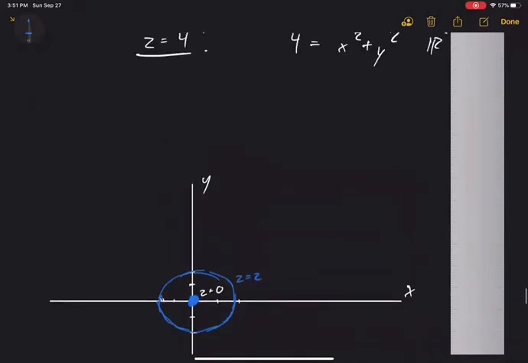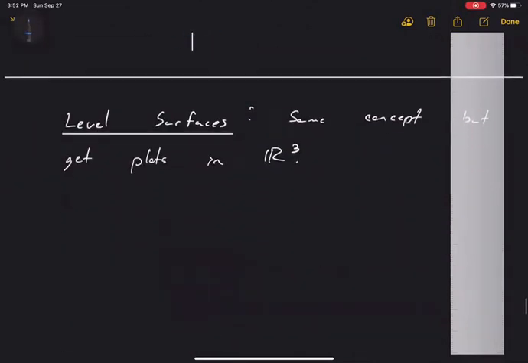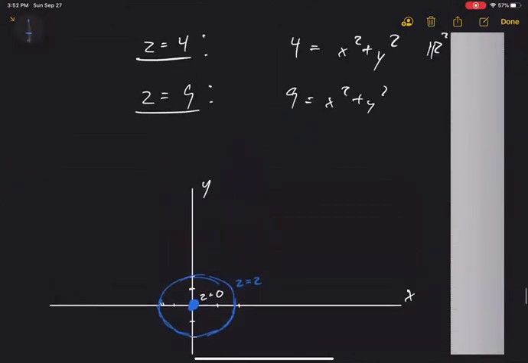And I could draw more of those. Maybe you've already spotted a pattern: they're all going to be circles. The next one, when z equals 9, I have 9 equals x squared plus y squared.